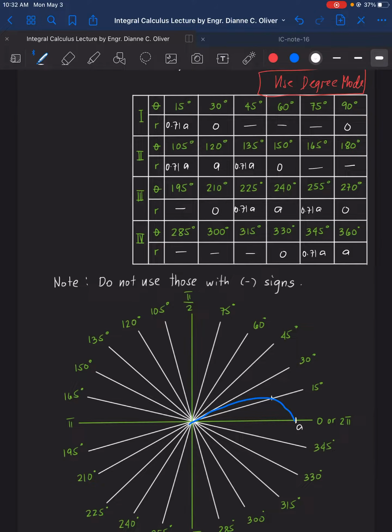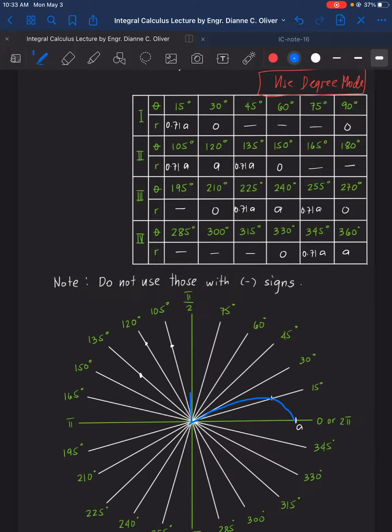We have there 90 as 0, then 105 is 0.71 here. Then we have 120 as a. 135 at 0.71, then 150 at 0.